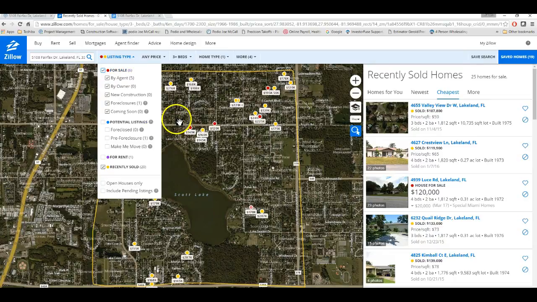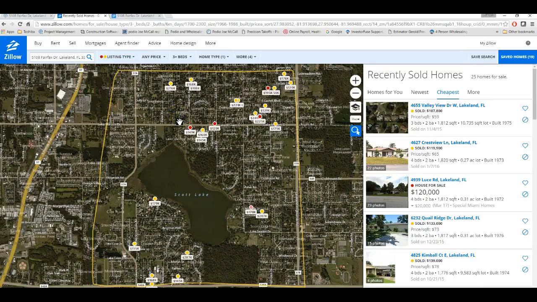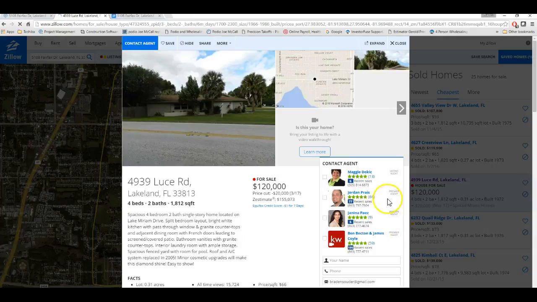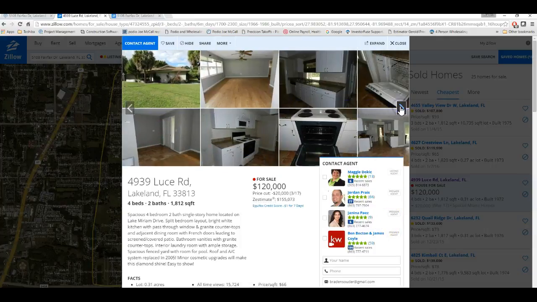We want to know the cheapest houses for sale because we want to be able to sell our house at the best price. Okay, so this house is for sale at 120,000. Wow. There's a couple cheap ones out there. Let's take a look at it.